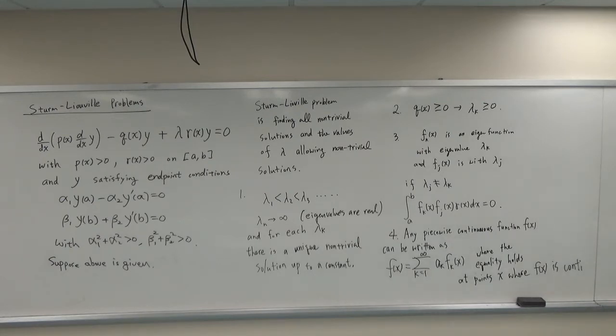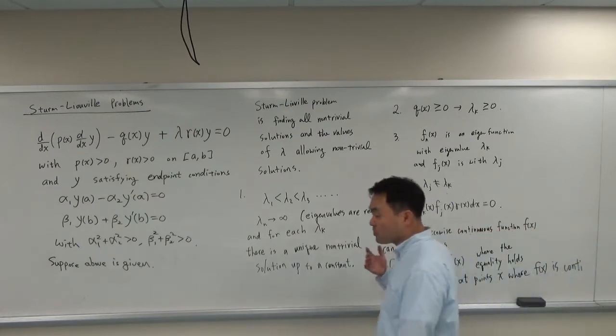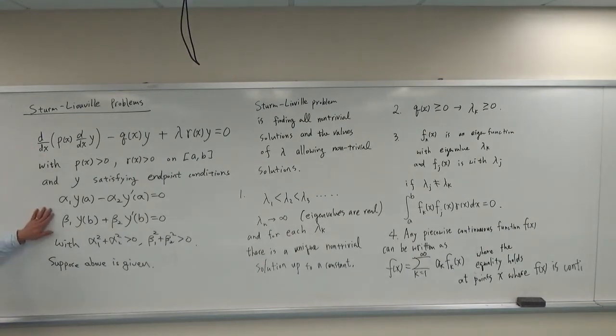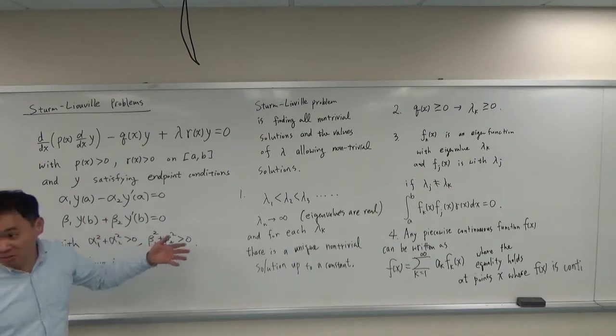And you can kind of see why this problem, if you solve it, is greatly helpful for the PDEs, because that's what we always do. When we solve a PDE by separation of variables, we end up with something like this with one of the variables. We solve it, we get a bunch of functions, right?